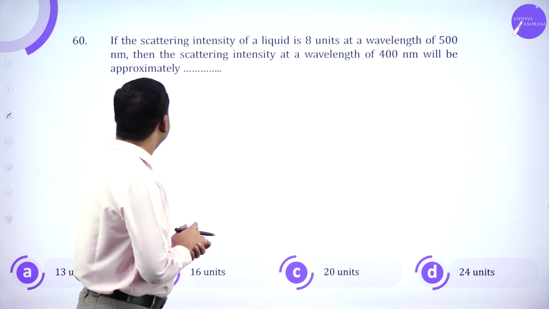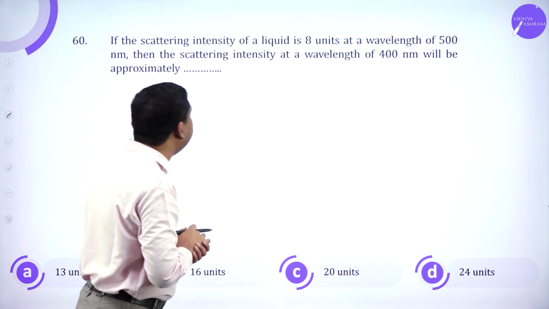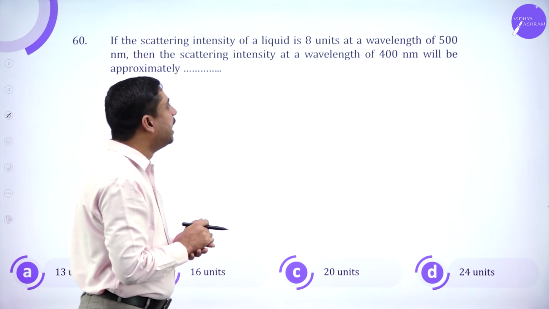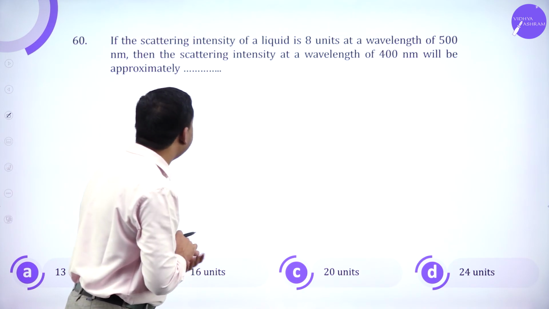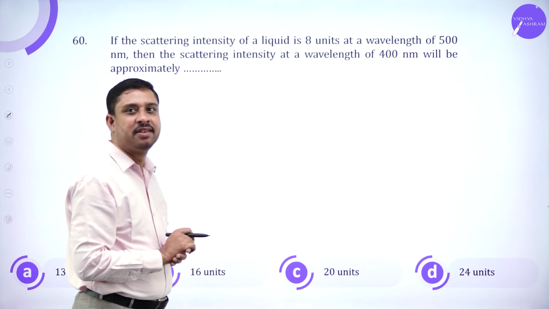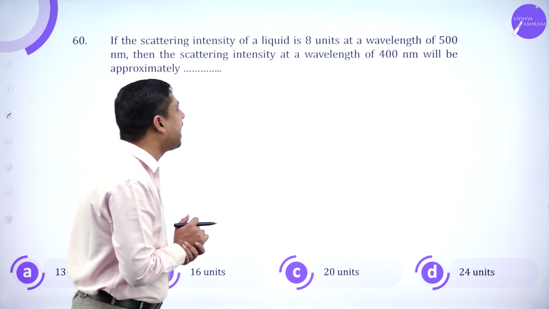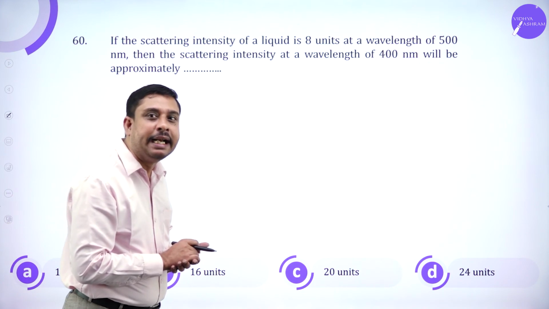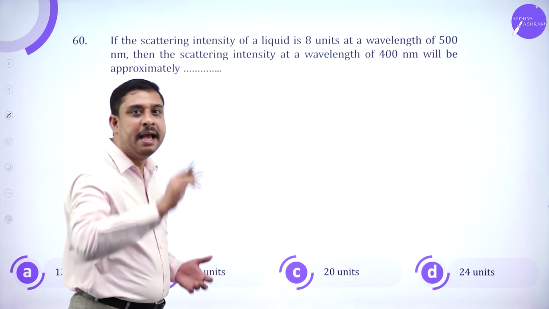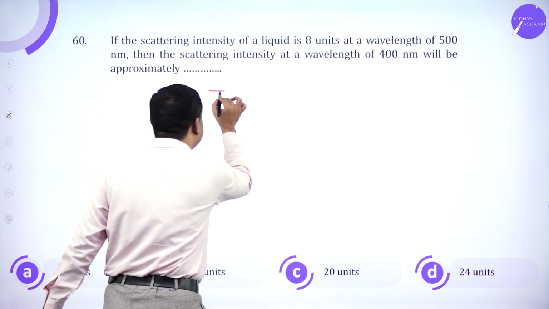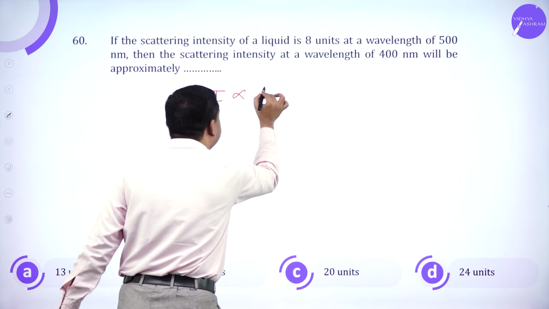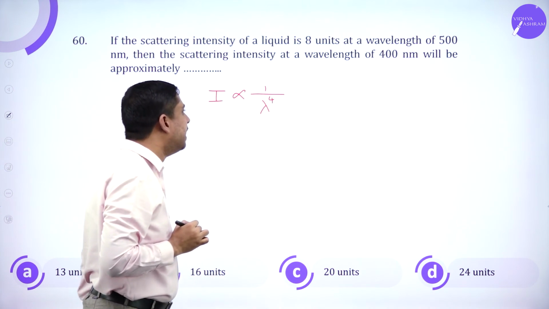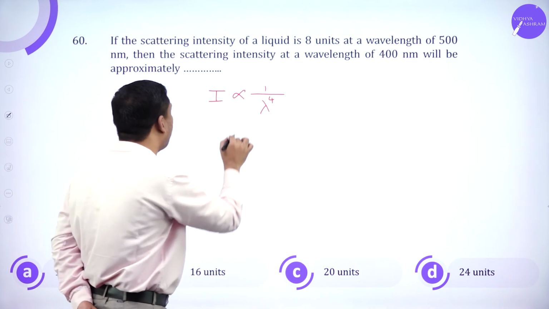Now, if the scattering intensity of a liquid is 8 units at a wavelength 500 nanometer, what will be the scattering intensity at a wavelength 400 nanometers? Rayleigh's law says intensity is proportional to 1 by lambda to the power 4.